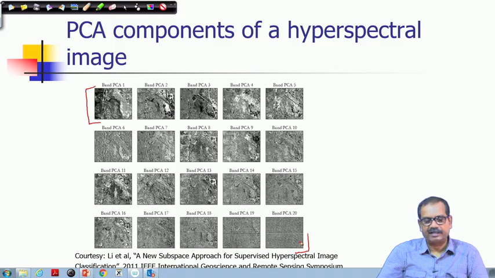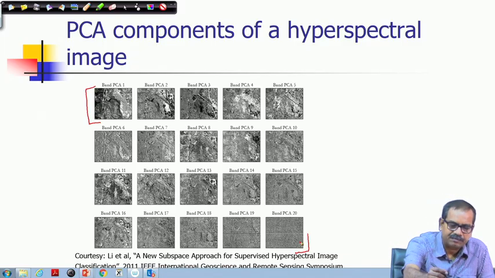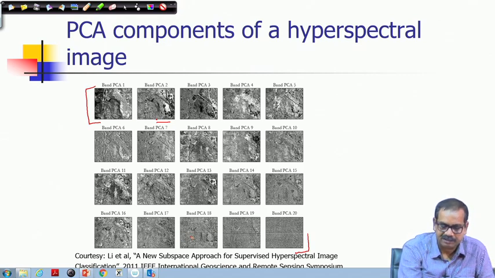So, that is the advantage of PCA. You can prioritize, or give preference to, those bands which have more information, say PCA 1, PCA 2, the second band, third band. As you progressively go over the PCA components from top to bottom and left to right by making this kind of scan, you will find that finally the details are slowly dying and it becomes almost like a smooth region.